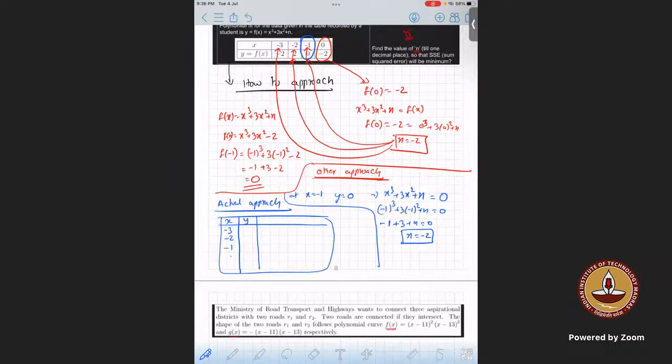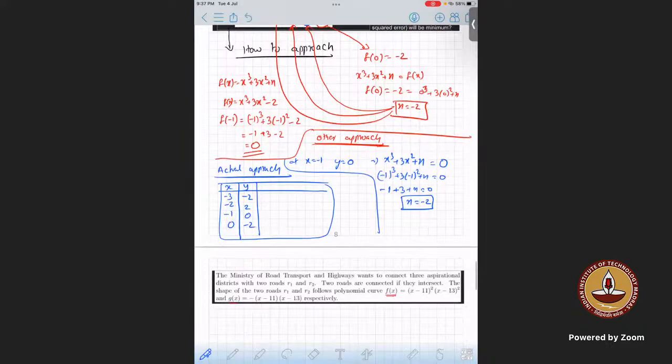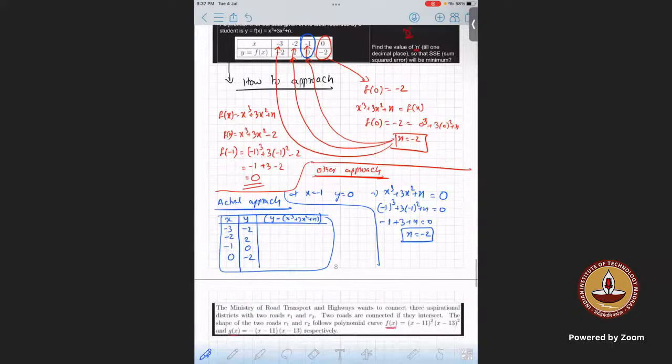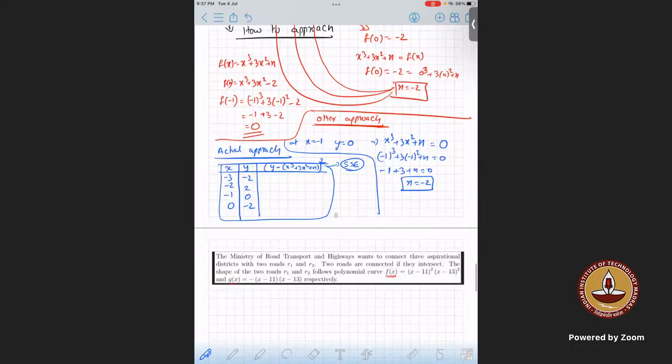We will do y minus x cube plus 3x square plus n, whole square. This is the sum of squares error, SSE. Okay, you don't know what SSE is. Okay, you need this explanation of y minus x cube minus 3x square plus n.